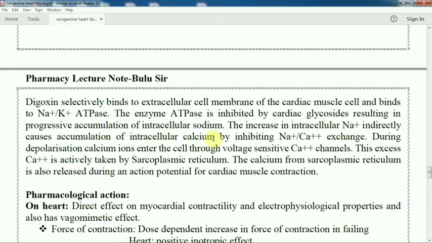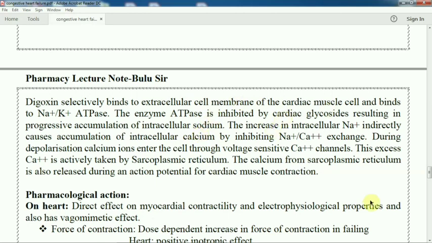So when is the accumulation of sodium possible? When the sodium potassium exchange is inhibited by digoxin. As a result, the enzyme ATPase is inhibited by digoxin, and intracellular sodium is accumulated.